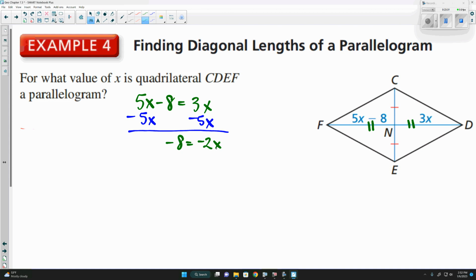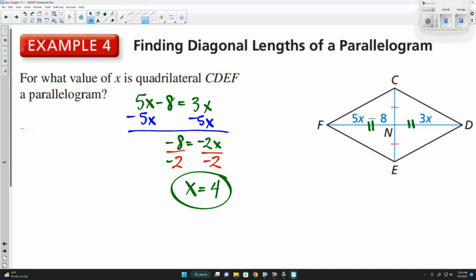Then what would we do next? Divide by negative 2. Because negative 2x divided by negative 2 is going to be x. Negative 8 divided by negative 2 is 4, so the value of x that we need is 4. And that's it.